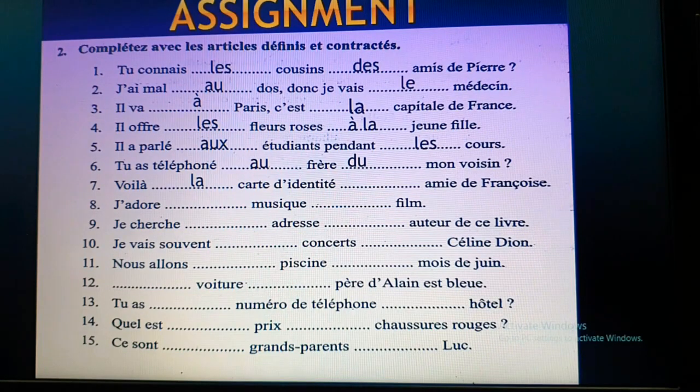So any identification card is definite, because which particular card is being talked about? The identity card. Okay, so voilà la carte d'identité de l'ami de François. So the card of François' friend.